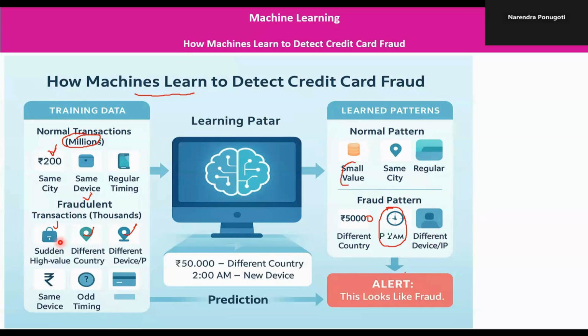All of these look like fraud, so now the machine is able to detect that this is a fraud activity. Again, it learned this by studying millions of normal transactions and thousands of fraud transactions. That is how the machine learns to detect debit card fraud.